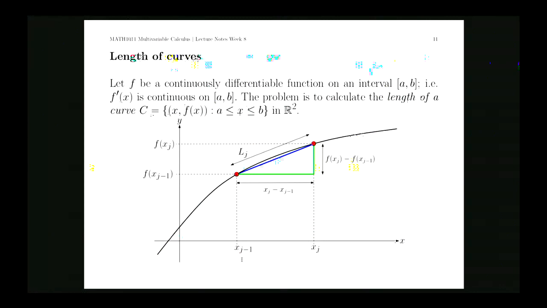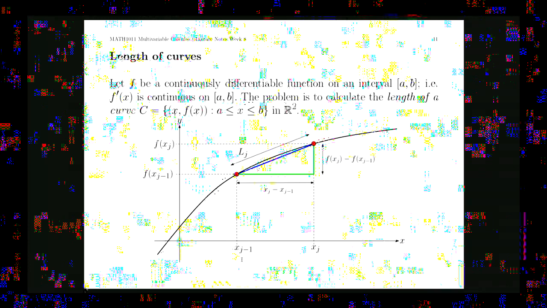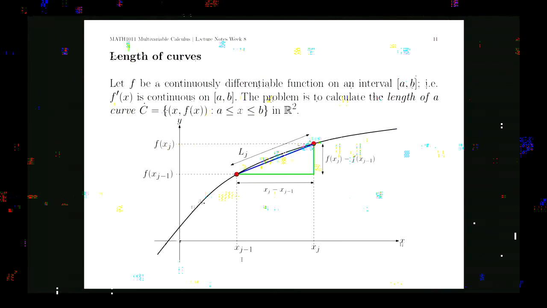The difference in the height is the function at the bigger x value minus the function at the smaller x value. You might think, if the function's going down, that length is negative. I don't care, because I'm about to apply Pythagoras, and all the negatives will sort themselves out, because I'm calculating a length.